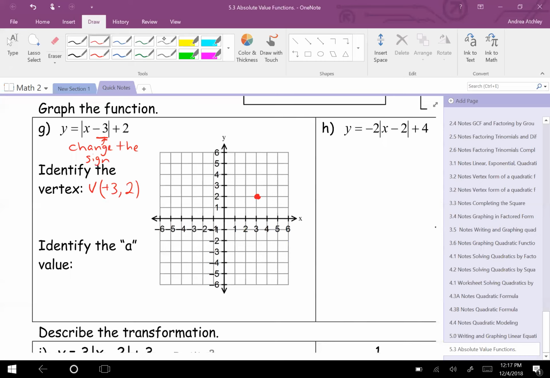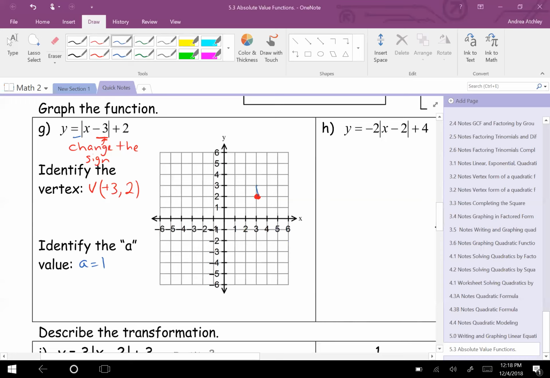Then we need to identify the A value. The A is the number that's going to be in front of the absolute value sign. Since there's nothing written in there, the A is 1. And the A value is similar to the slope. It's a constant rate of change.